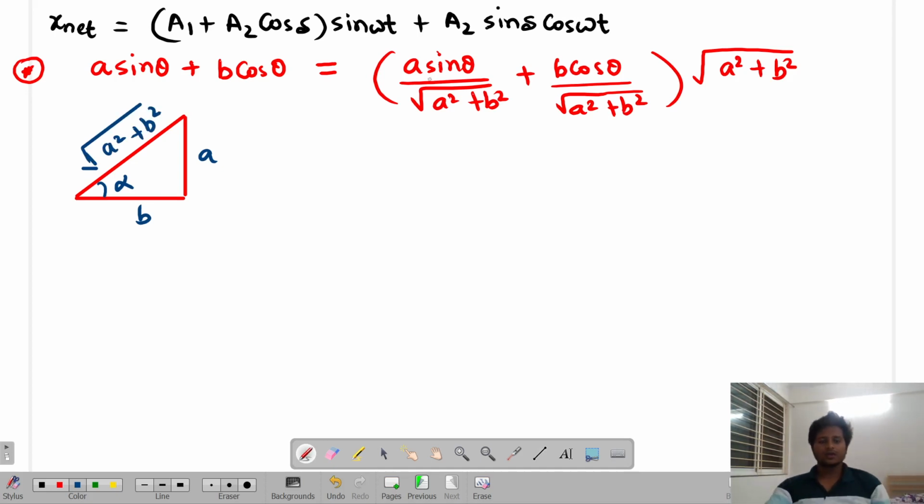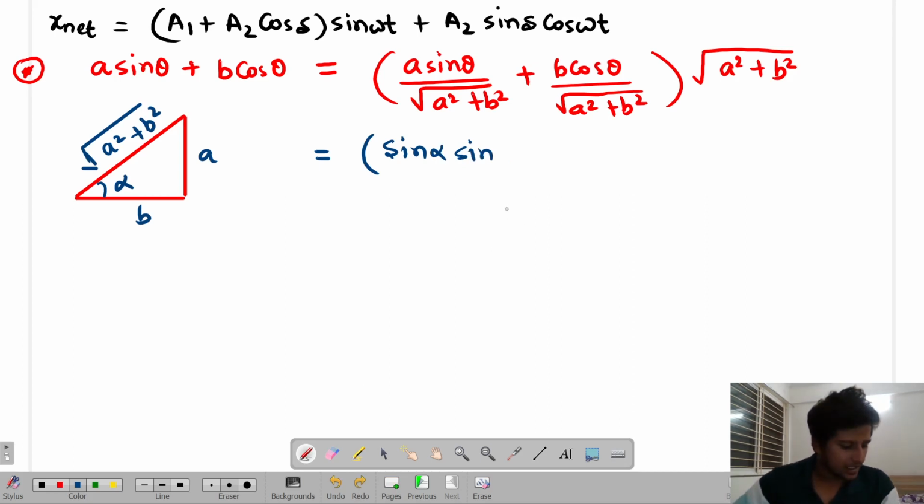So look over here. A by root under a square plus b square, that is sine alpha or not? Sorry, one mistake is there.